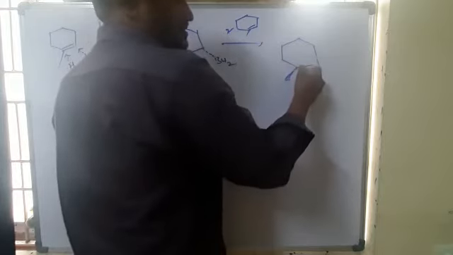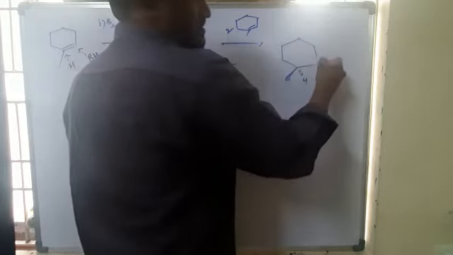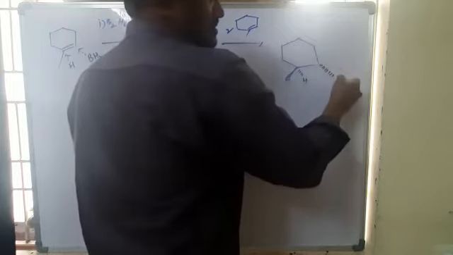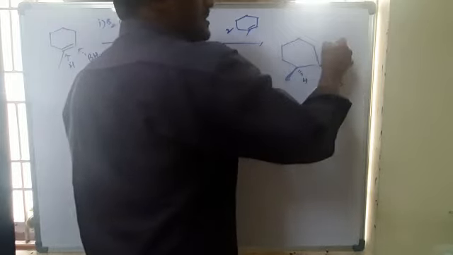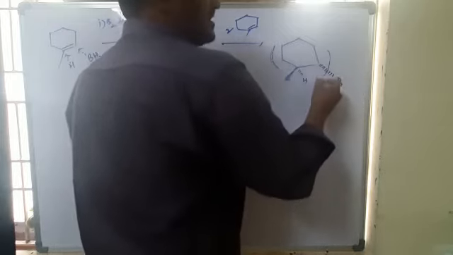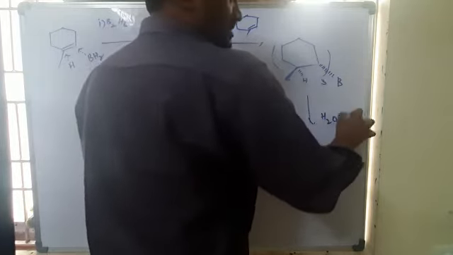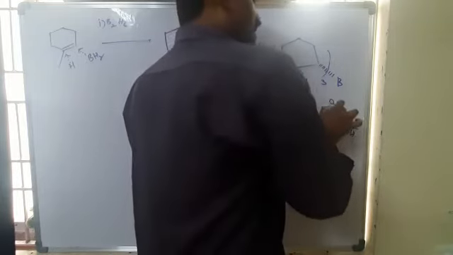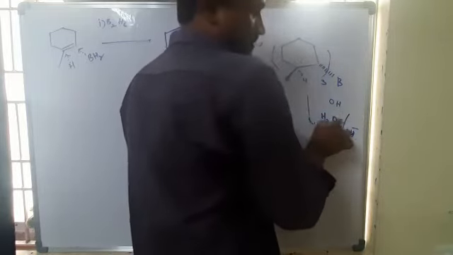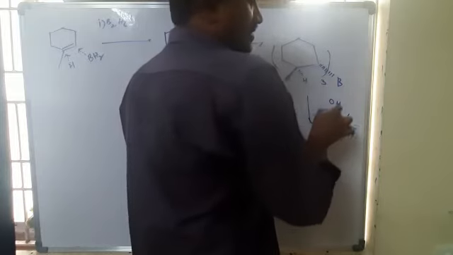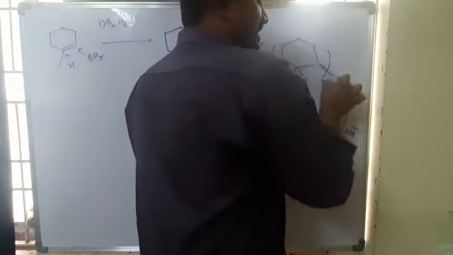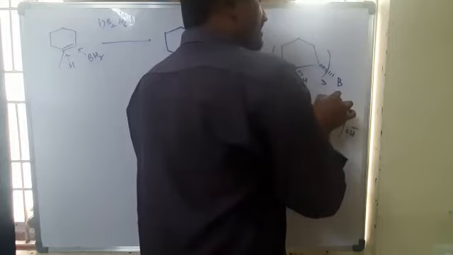Okay, H, this is the B, so this is 3 moles. Next to this, if you use H2O2 in the presence of OH minus, exactly from H2O2, OH will attack and the boron position will be displaced.